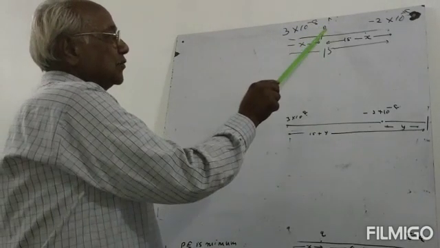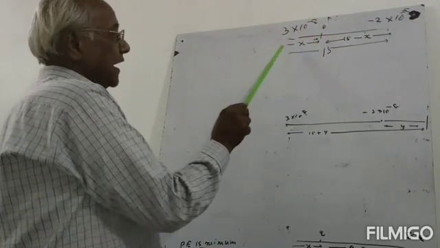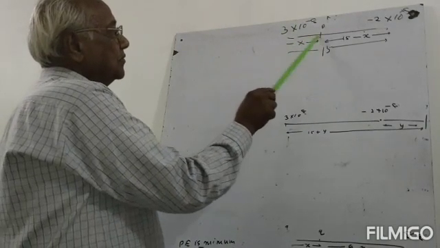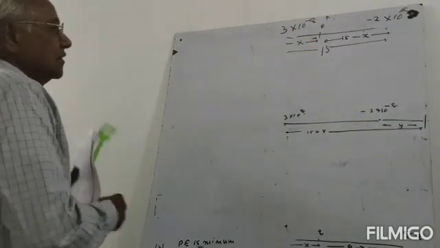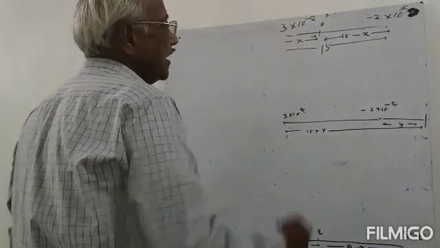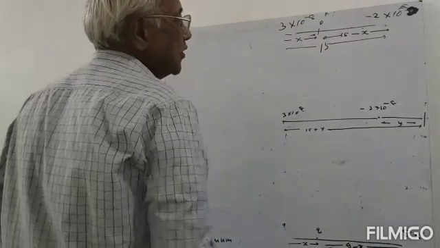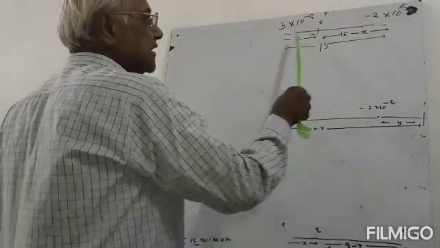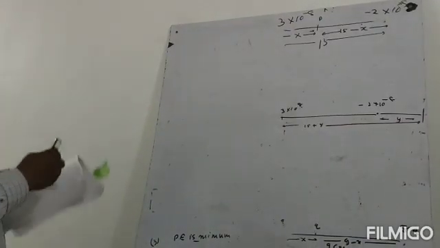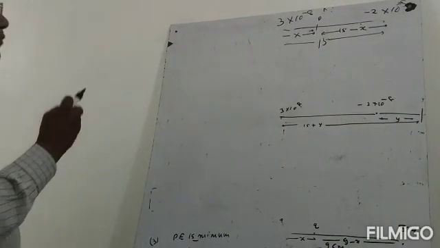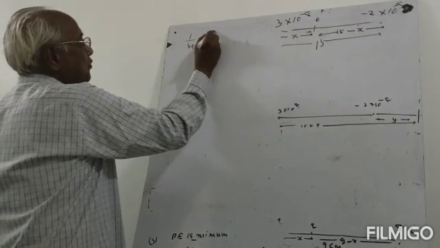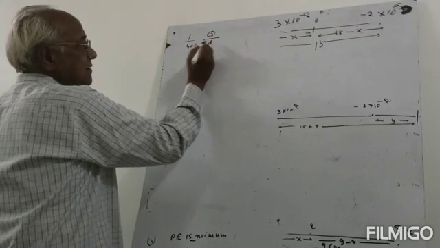Now we take the point, suppose the point P, at a distance x from 3 × 10^-8, then 15 - x will be the other distance. You can also take this as x and this as 15; it makes no difference. So what will be the potential at a point? Potential at a point is 1/4πε0 times charge divided by the distance.